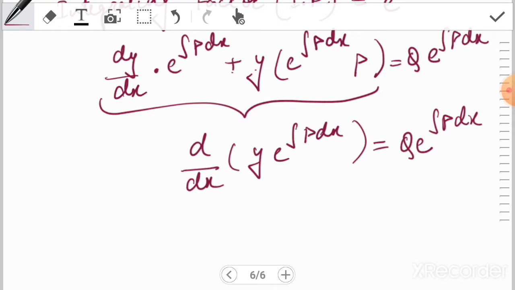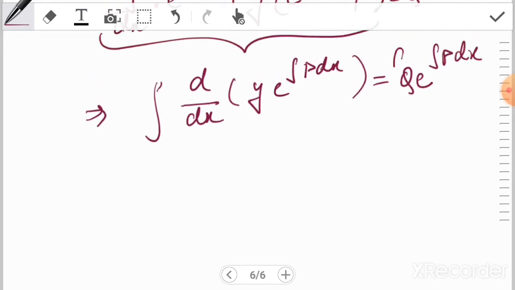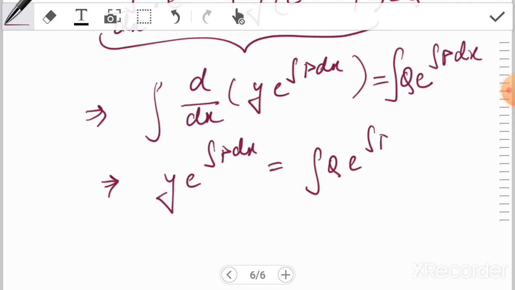Now integrating both sides, we get y e integral p dx is equal to integral q e raised to the power integral p dx plus c as the required solution.